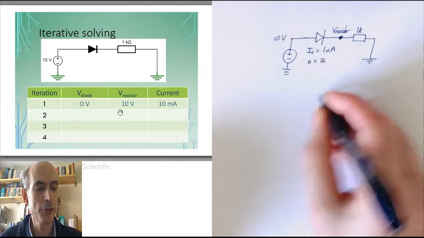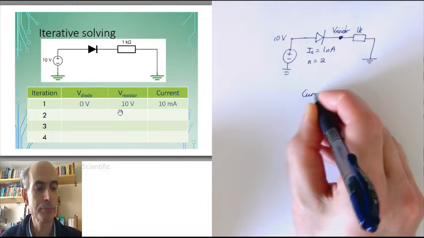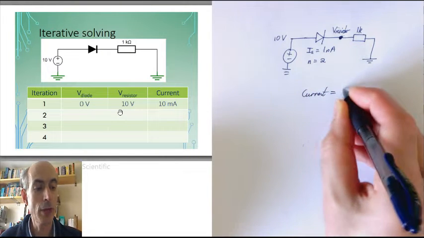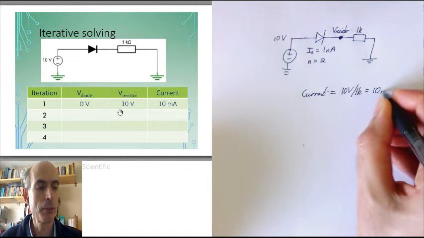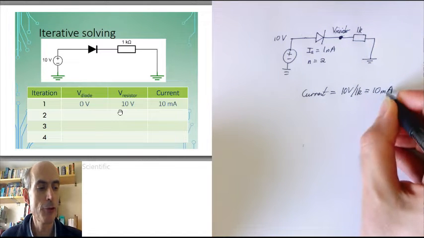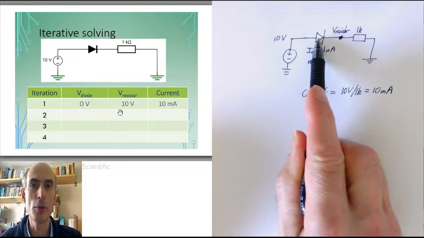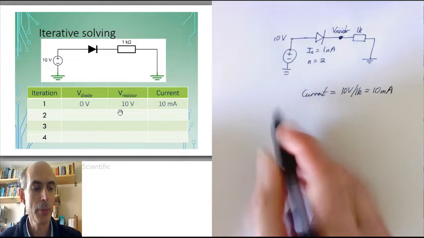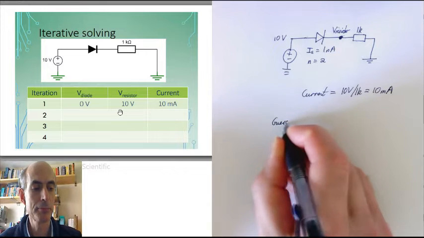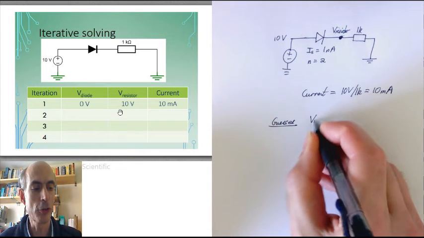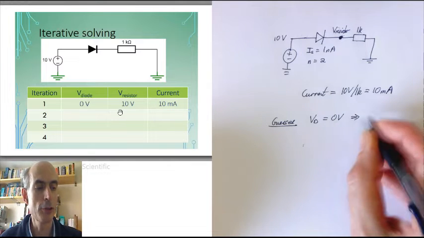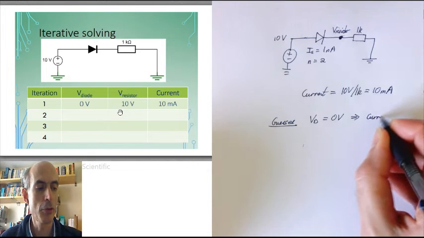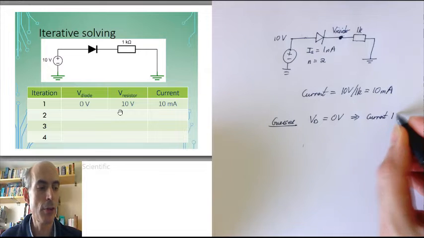So the current in the circuit is just 10 volts divided by 1K, or 10 milliamps. And that's my first guess of the current through the diode. So I have guessed that the voltage across the diode is 0 volts, and that has led me to the conclusion that the current through the diode is 10 milliamps.